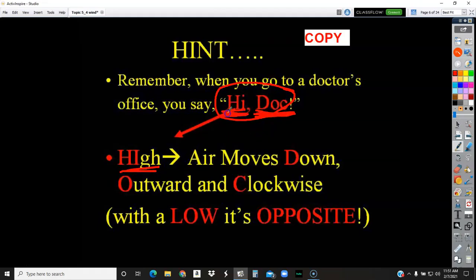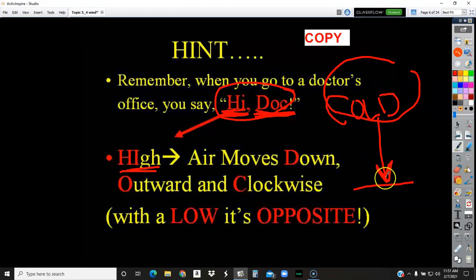Now remember, high pressure air is cold air. And what is cold air? More dense. And what does more dense air do? It sinks. It's heavy. Cold air is heavy, so it sinks. That means it goes down, from the upper parts of the atmosphere to the surface. So the D is down. The air goes down.